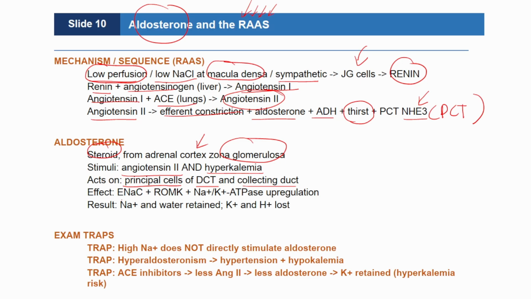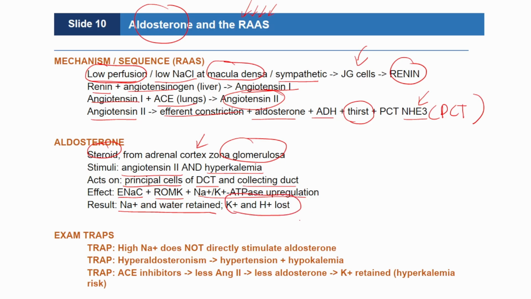First one is the epithelial sodium channel, or ENaC, the renal outer medullary potassium channel, or ROMK, and the basolateral sodium-potassium ATPase pump. The ultimate physiological result of this coordinated upregulation is that sodium and water are retained by the body, while potassium and hydrogen ions are actively lost in the urine.